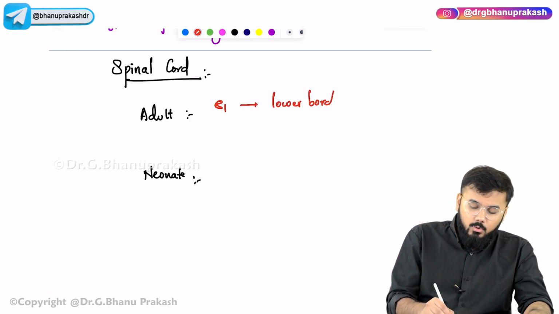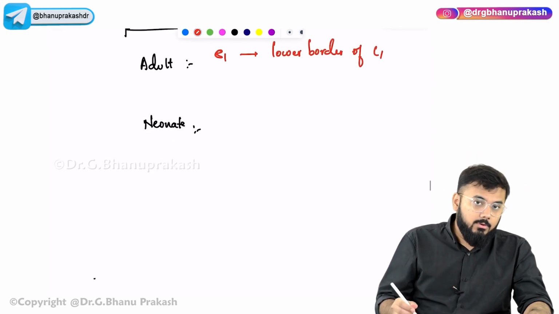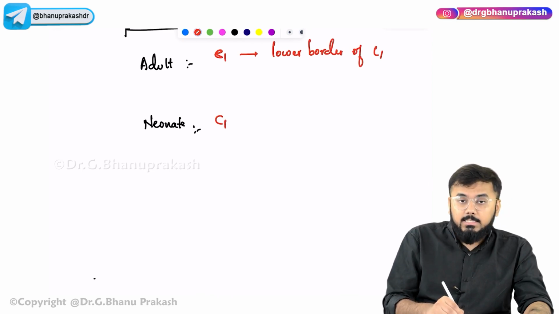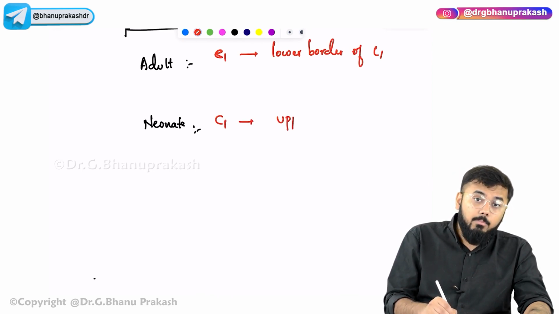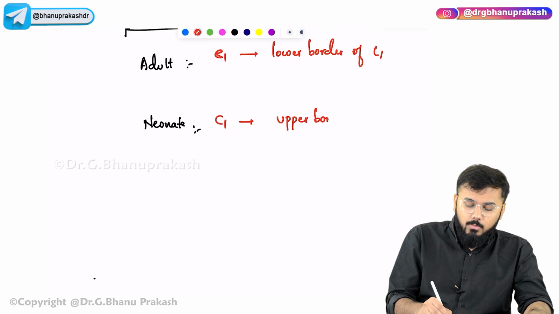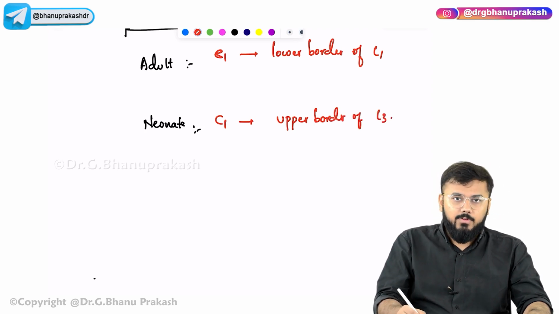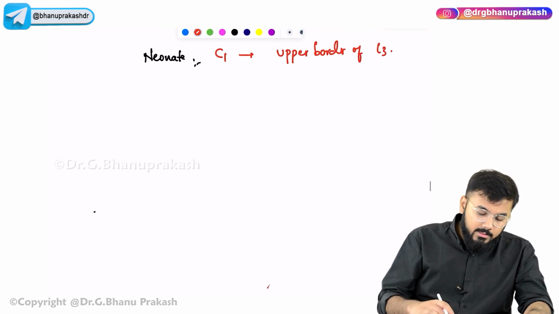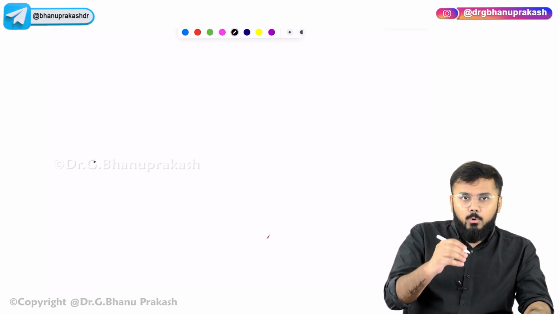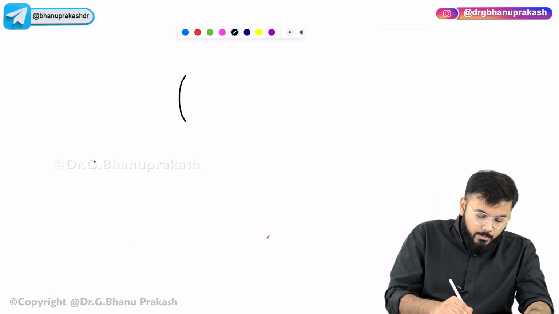In the neonate, it again starts at C1 and extends to the upper border of L3. Now, if you look at the spinal cord, let us say this is your spinal cord, the end portion of the spinal cord.